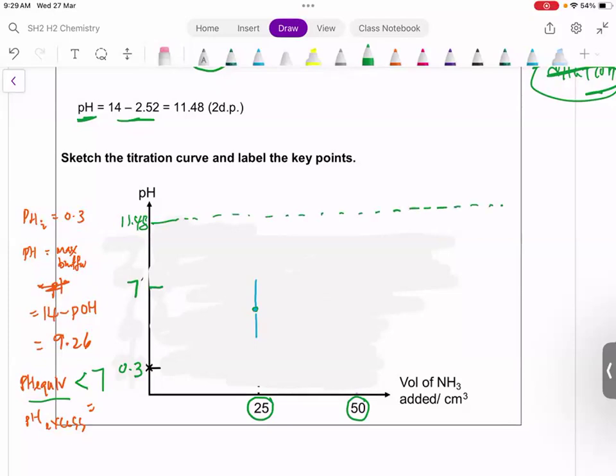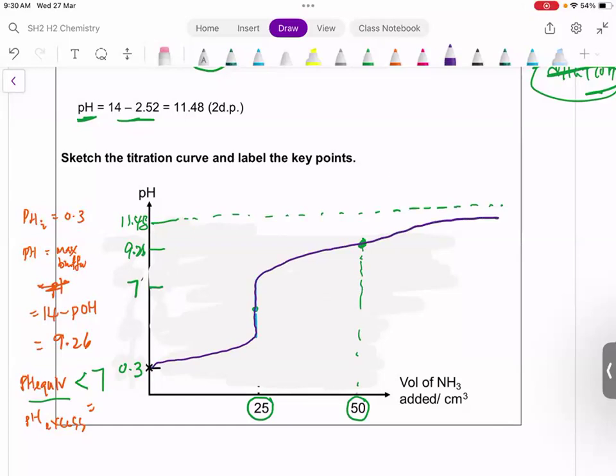Then my maximum buffer is 9.26. So it's about here, 9.26. So maximum buffer 9.26. This is where my maximum buffer is. And then after that, I start joining up the points. So I will start joining up there. It will look like this.